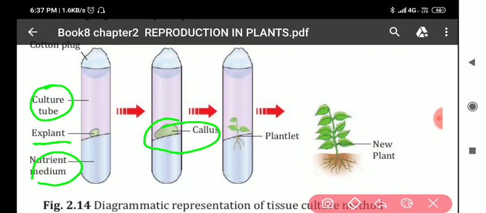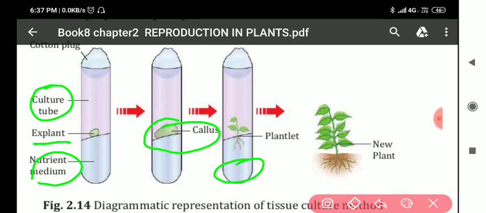Now this callus is transferred to another test tube which contains the nutrients by which the roots and stem can grow, the root initiation medium, or we can say stem initiation medium. There we will transfer this callus.